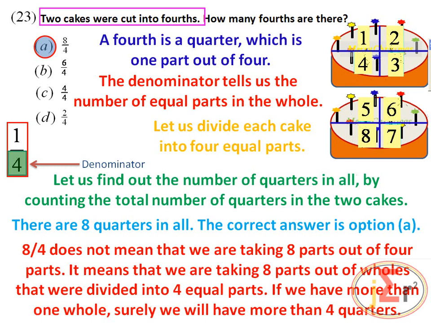So when we have 8 over 4, it does not mean that we are taking 8 quarters out of a single whole. It means that we are taking 8 parts out of objects that were divided into 4 equal parts, or of which each was divided into 4 equal parts.